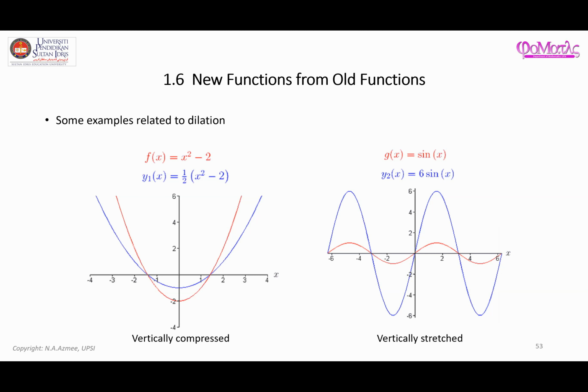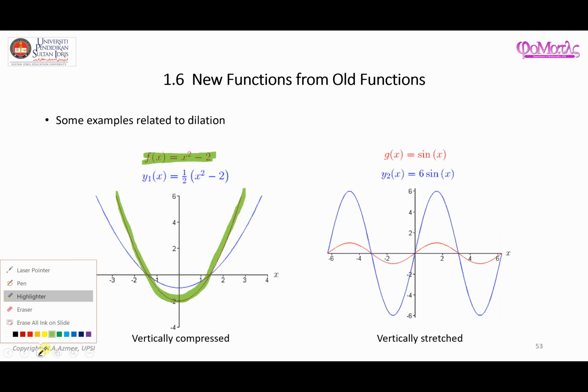So here, let's say that this is the original basic function that you have, which is x squared minus 2, and this is given by this red line here, which I'm going to highlight. So this is the basic function, and you can see that this function is then modified, and you get the new function.